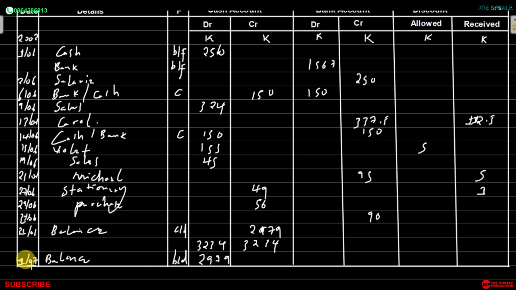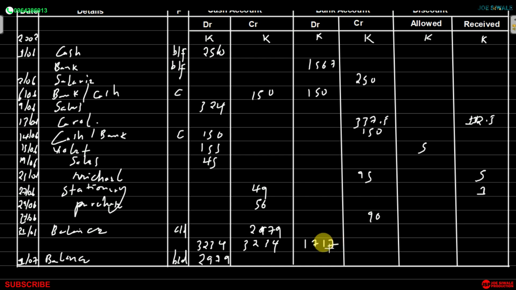So we're going to do the same with the bank account. We're going to add the debit side and the credit side, and we're going to get a higher figure. So we're going to discover that the debit side is higher than the credit side, and the amount that we are having is 1,717.